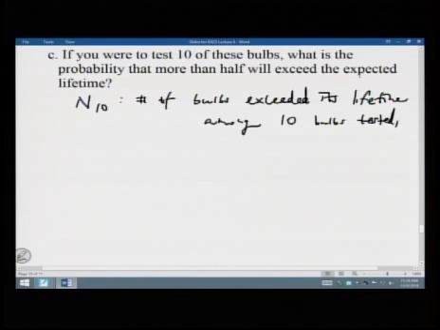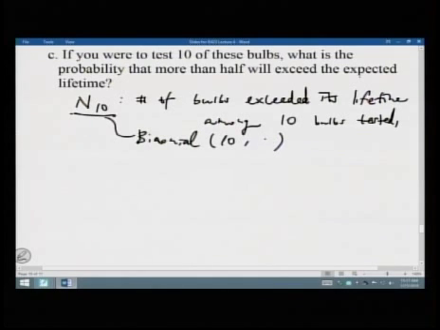Does that make sense? Of course, N sub 10 follows a binomial distribution with parameters n and p. What is the value of n? 10. What is the value of p?